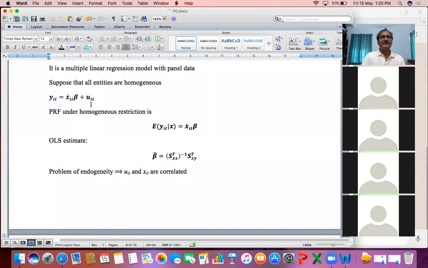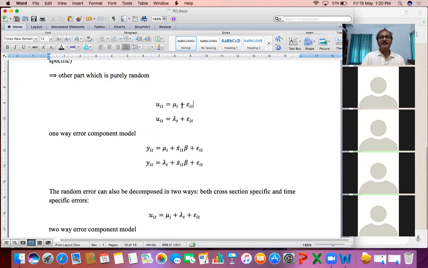Now let us decompose U_it in this manner: U_it is equal to mu_i plus epsilon_it. Suppose mu_i denotes the level of intelligence of the cross-section unit i. Here we are considering a particular worker as a cross-section unit.